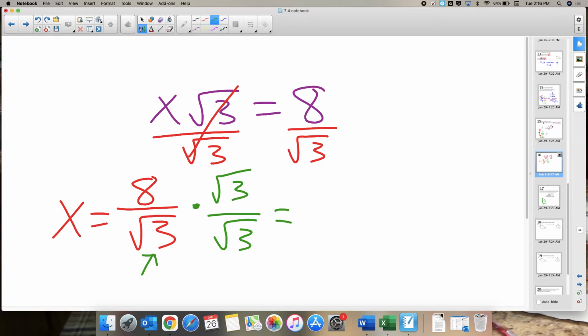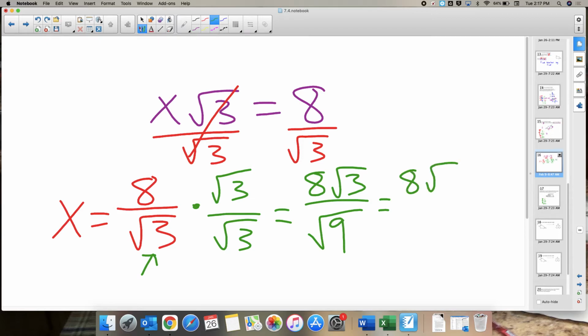On the top, the 8 is outside, the 3 is underneath, so I must leave it as 8 square roots of 3. On the bottom, the 3 is underneath, the 3 is underneath, so I am allowed to multiply those to get the square root of 9. Now, the whole point in doing this is we are supposed to be able to know the answer to that square root of 9. Square root of 9 is 3.